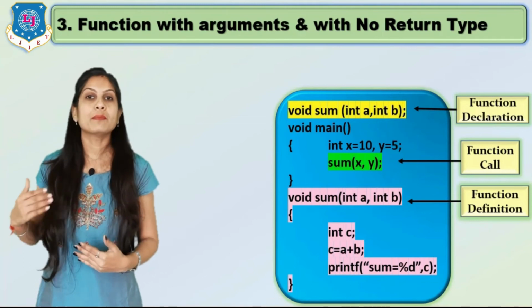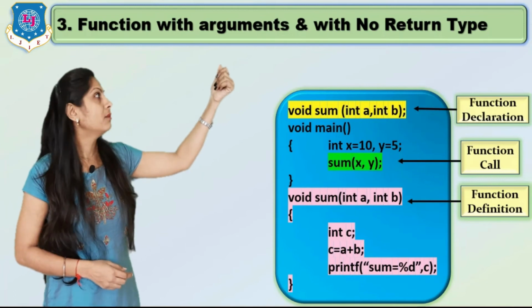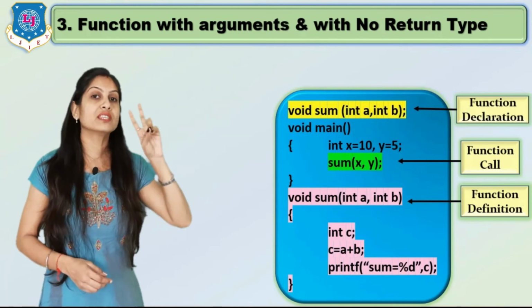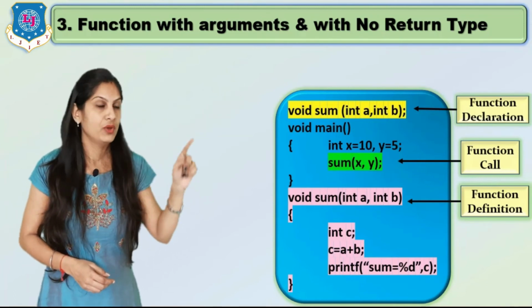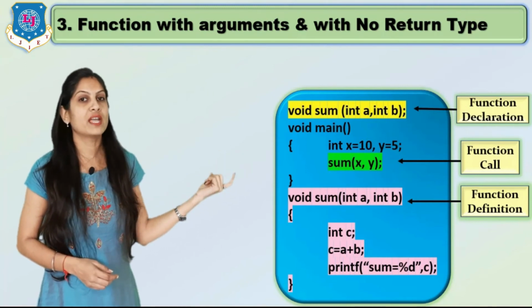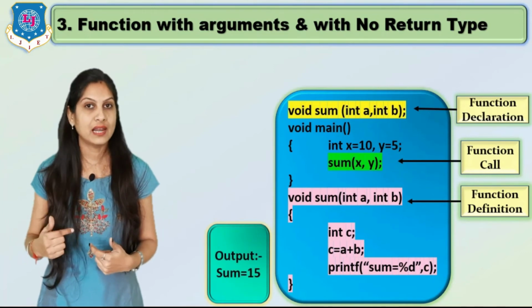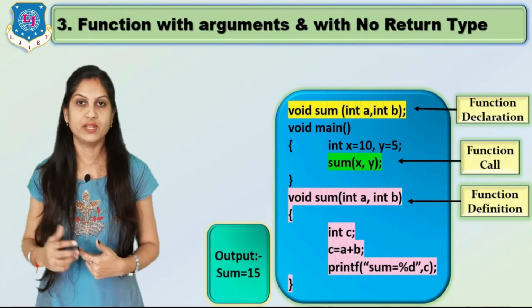So when this program is executed, the function call sum x y will be called with two values 10 and 5, and those values will be copied in a and b, and the addition of 10 and 5 will occur, and the final answer will be sum equals 15.